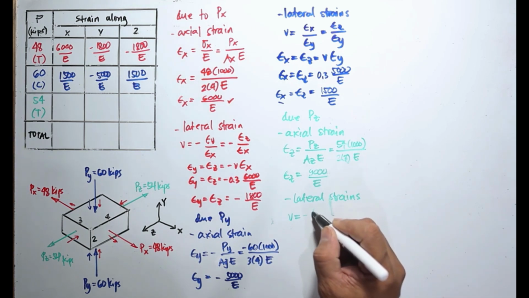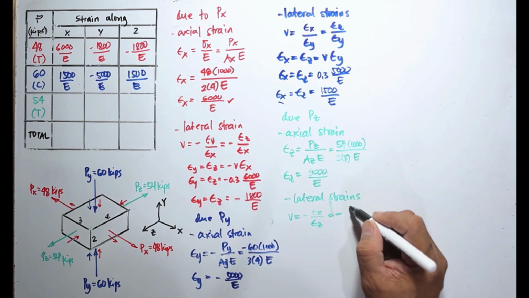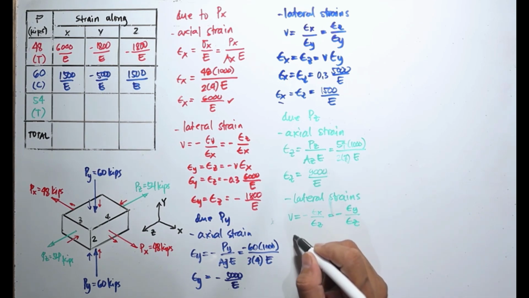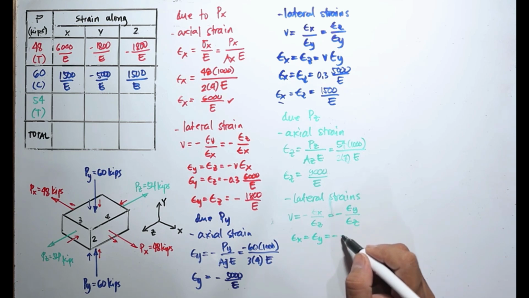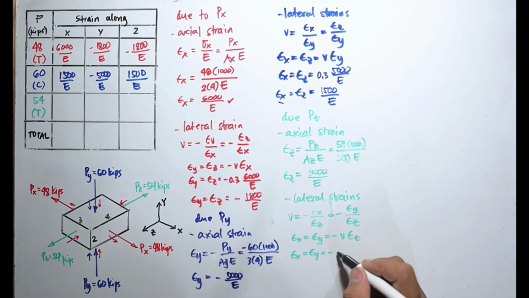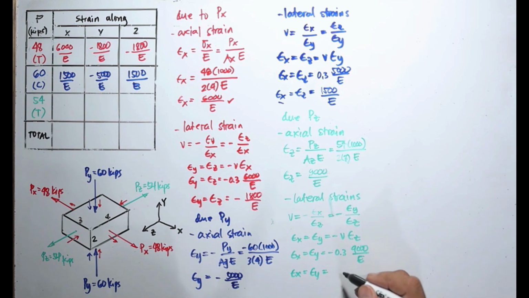So strain along X over strain along Z equals negative strain along Y over strain along Z. The strain along X is the same as the strain along Y, and that's negative Poisson's ratio times the strain along Z: negative 0.3 times 9,000 over E, that's negative 2,700 over E.